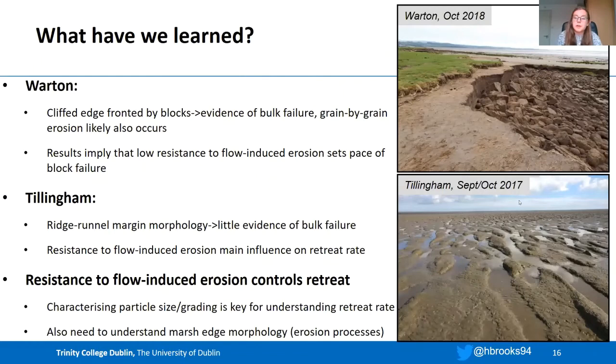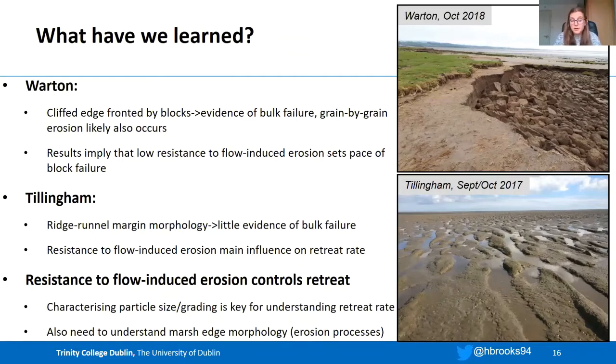We've got this photo of the cliff edge at Wharton at the top right here, and we can see that this cliff edge is fronted by blocks. These blocks are evidence of bulk failure. They tend to be failed blocks which haven't yet been removed by the waves or the currents. But we know that grain by grain erosion likely also occurs, particularly because the resistance to grain by grain erosion was low, and we know that the cliff edge is impacted by hydrodynamic forcing.